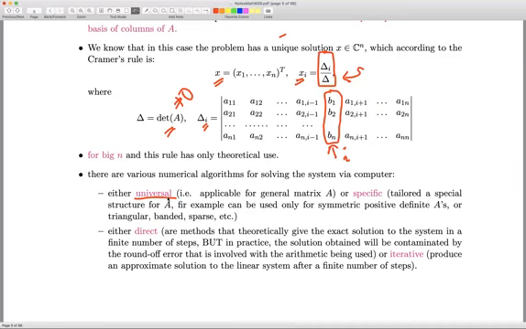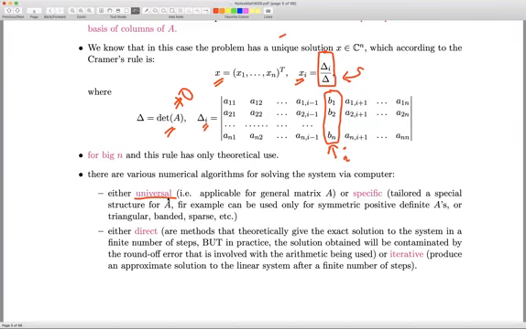And if the matrix we have in our hands has a more special structure, then this rule gets a little bit simpler, which we are going to see as we go along with the lecture. Or there are some methods that only work for particular matrices, tailored to the particular structure of the matrix A. There are methods that can be used only when A is symmetric or positive definite.